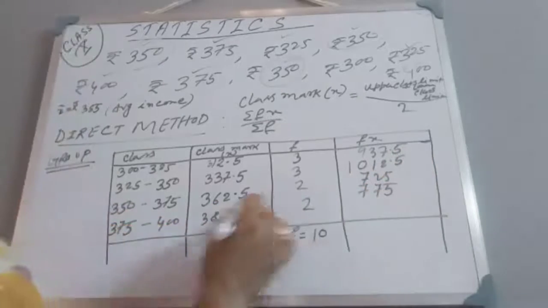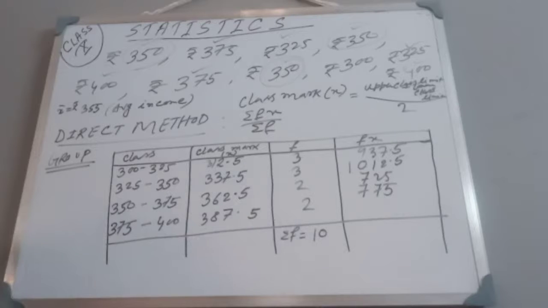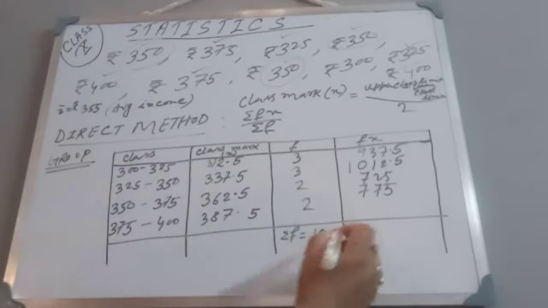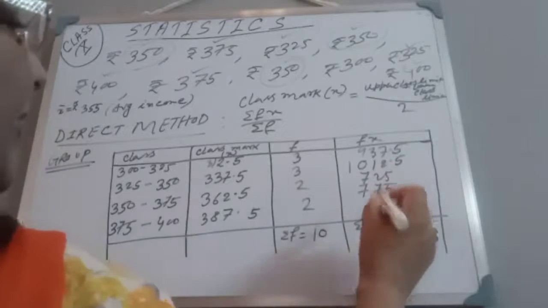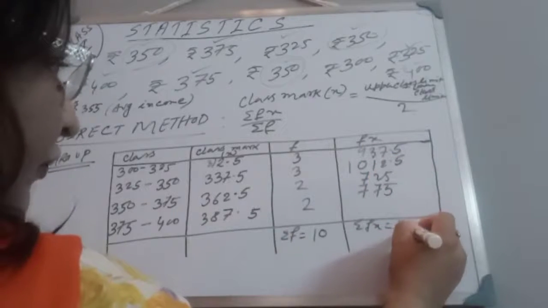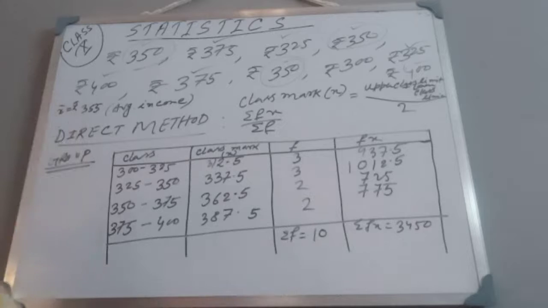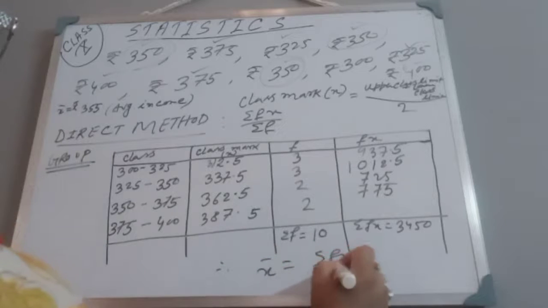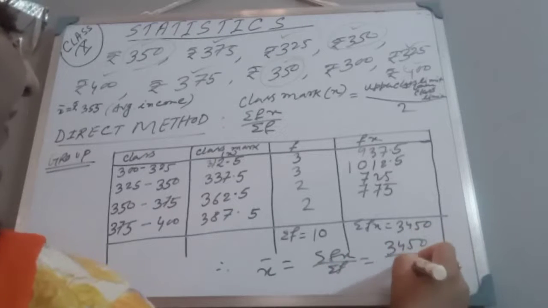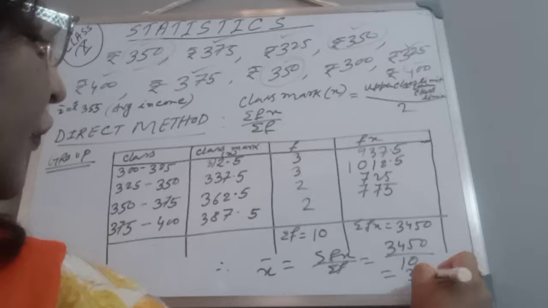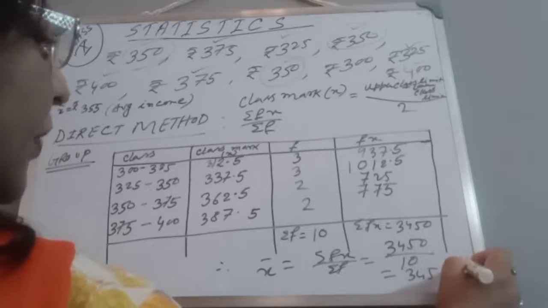The last one is 387.5 into 2. Now add all these to get sigma fx, which comes to 3450. Now what is x bar? We know the formula: sigma fx by sigma f, which is 3450 by 10. It comes to 345. This is the approximate value.